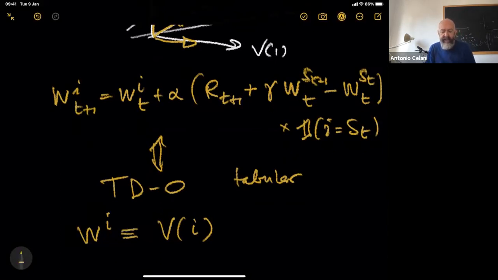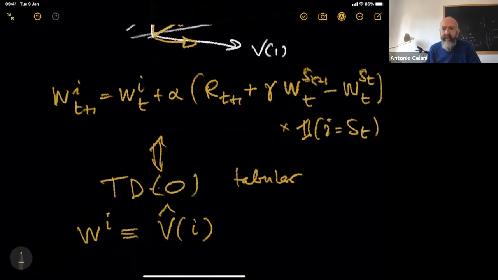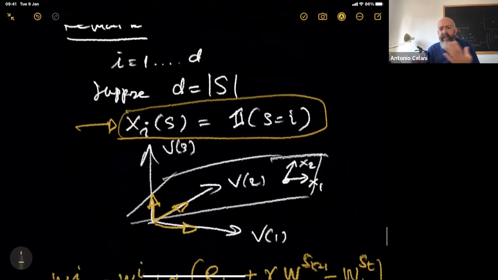So if I replace this, the fact that this is my approximation to the value for state i, this is exactly temporal difference learning 0. So that's where the two ends meet. You can regard these semi-gradient methods as extensions of temporal difference learning to the case of linear function approximation.